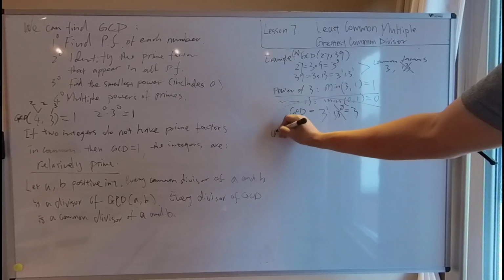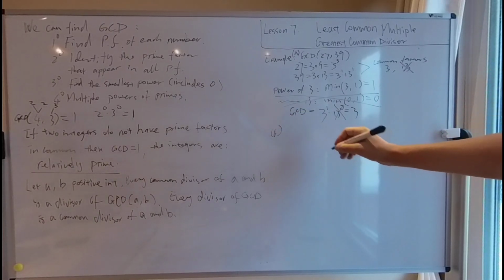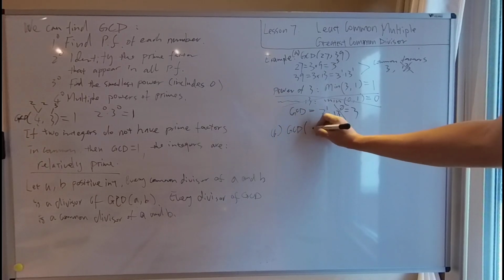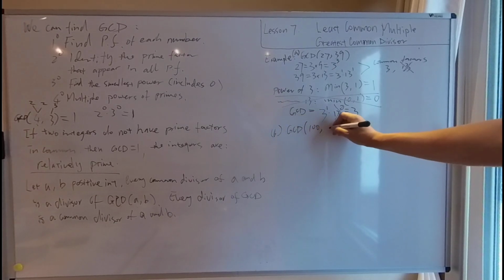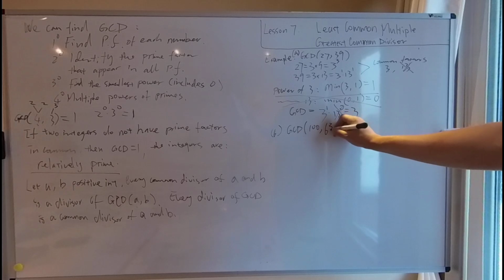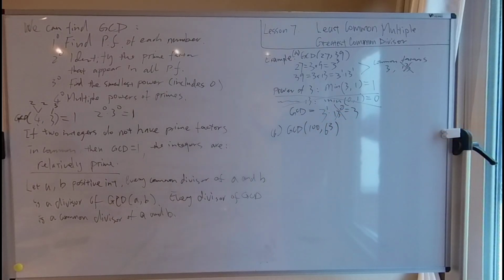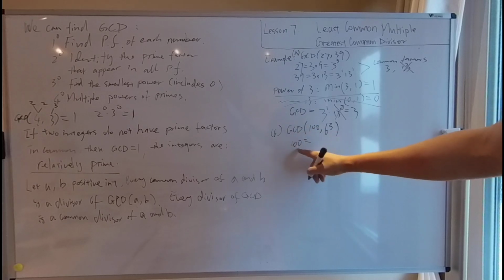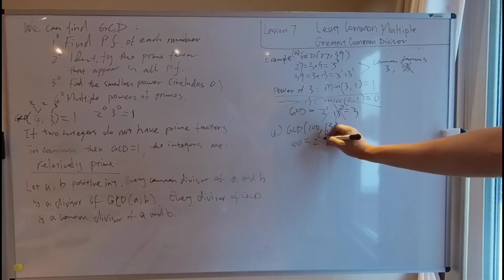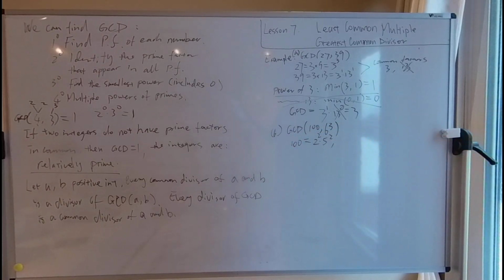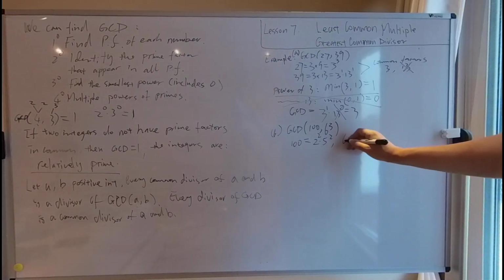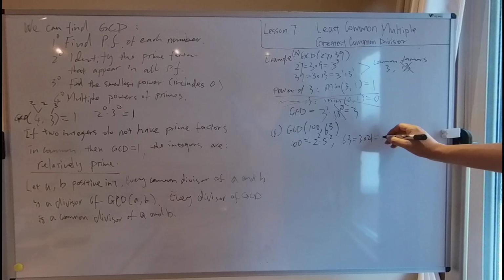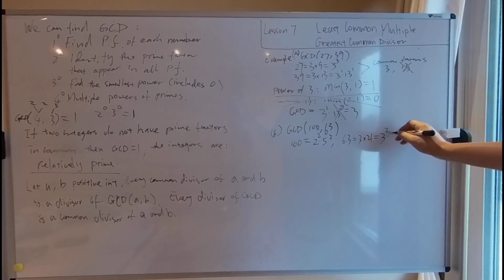So for example, let's see another example. The GCD of 100 and 63. 100 can be written as 10 squared, so it's 2 squared times 5 squared. 63 is 3 times 21, and 21 is 3 times 7, so it's 3 squared times 7.